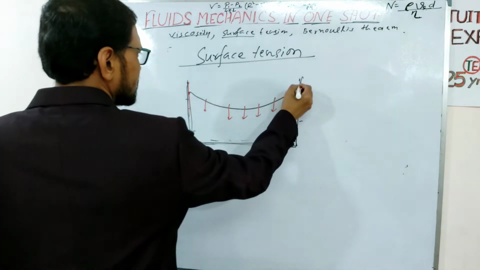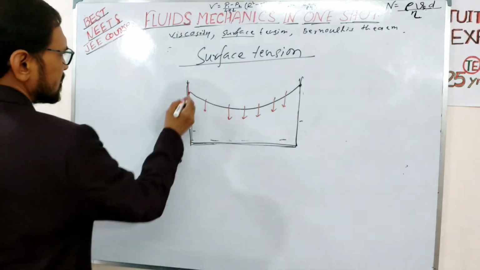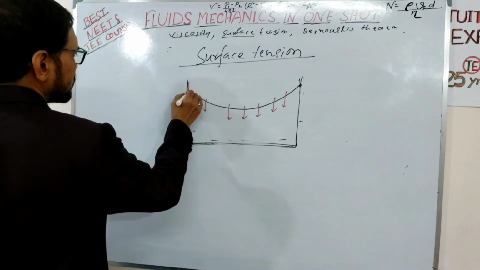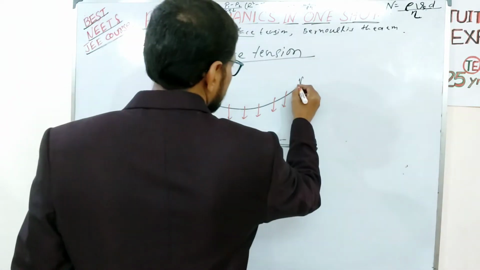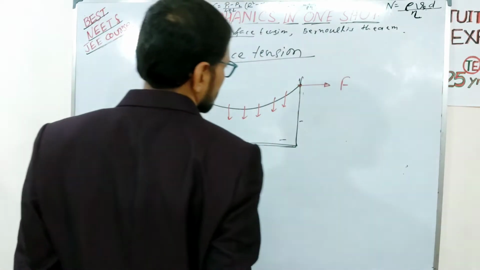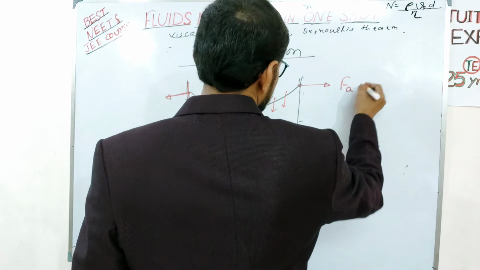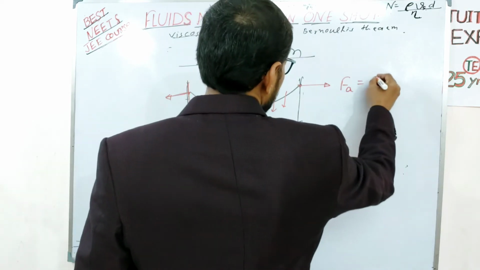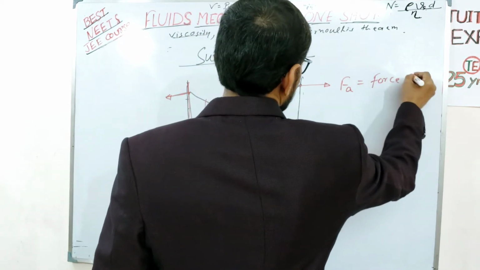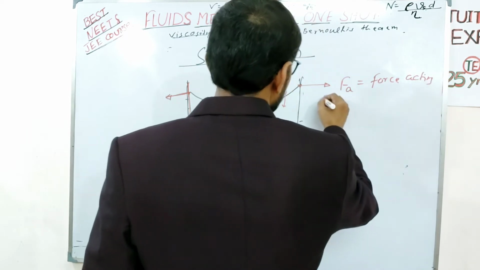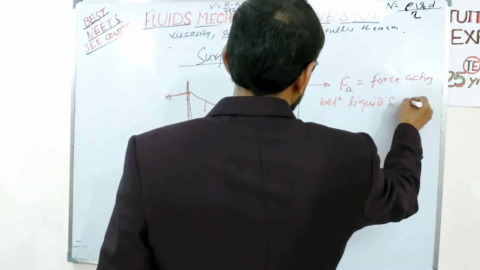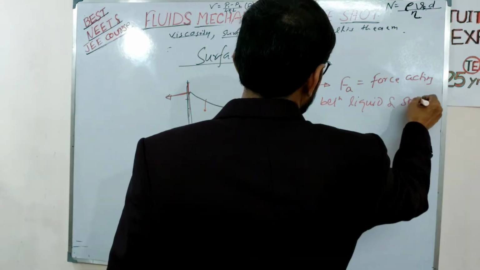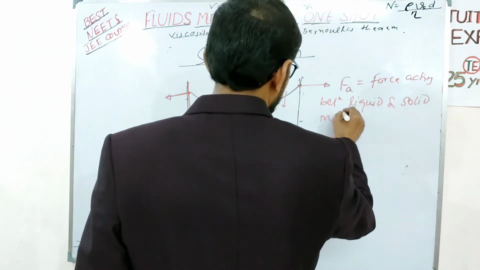And here this molecule is attached, because between the container surface and the liquid molecules a force of attraction acts, which is called the adhesive force. Fa equal to the force acting between liquid and solid molecules.